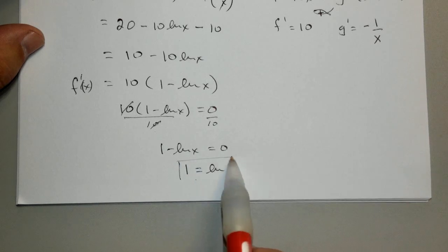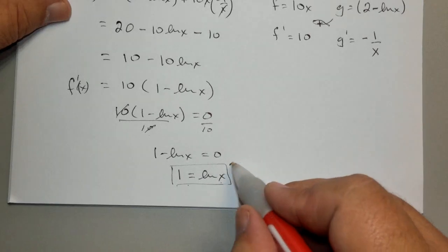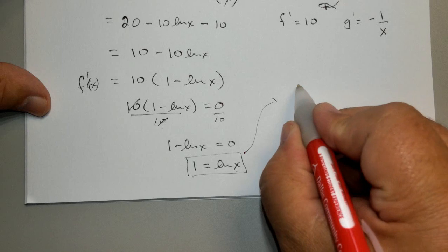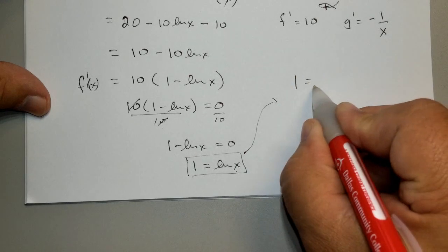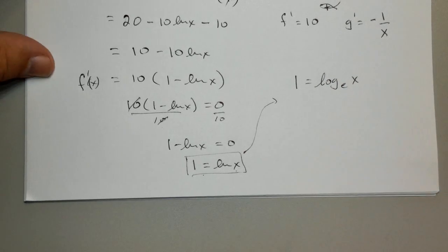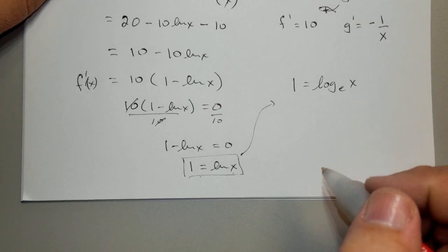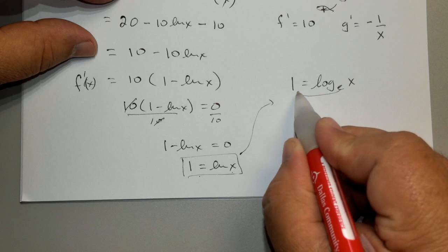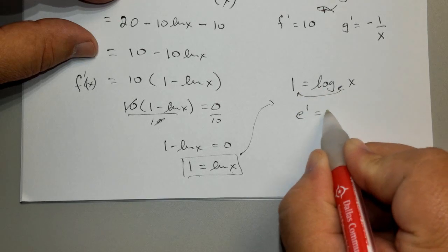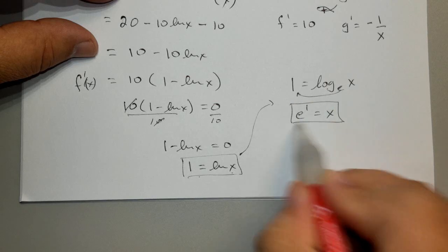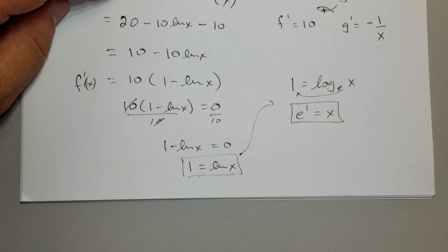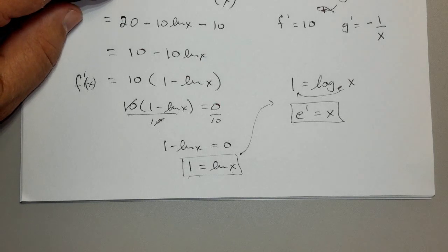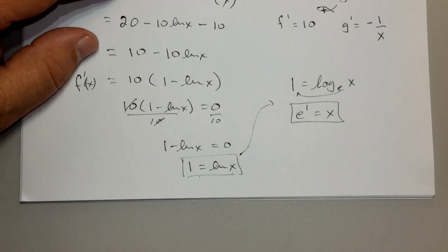How do you solve this one? Well, we know that ln x is log base e of x. e to the first power equals x. So x is equal to e.